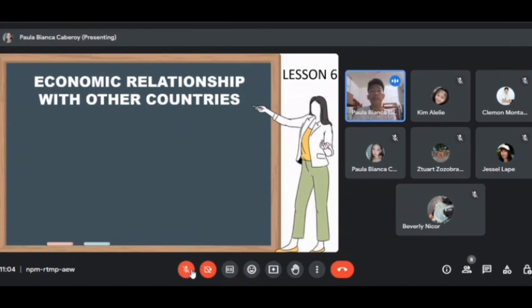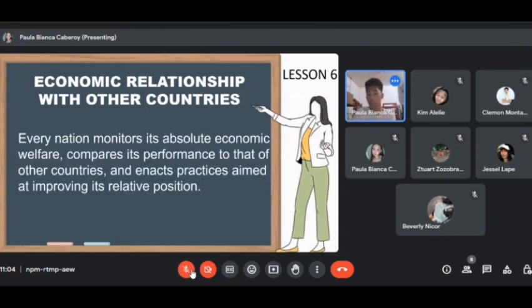Economic relationship with other countries. Every nation monitors its absolute economic welfare, compares its performance to that of other countries, and enacts practices aimed at improving its relative position.